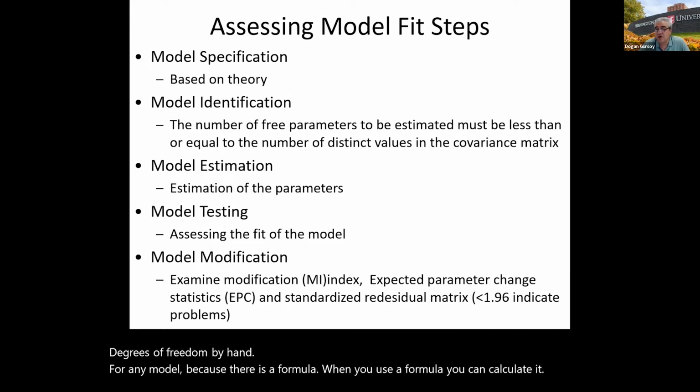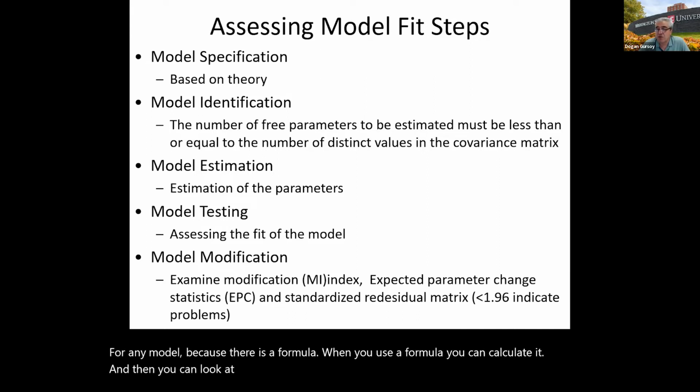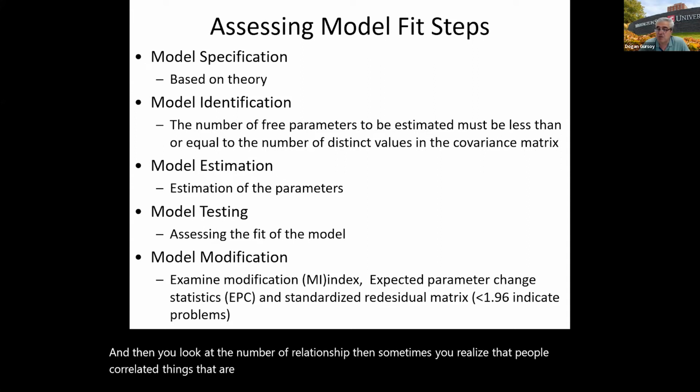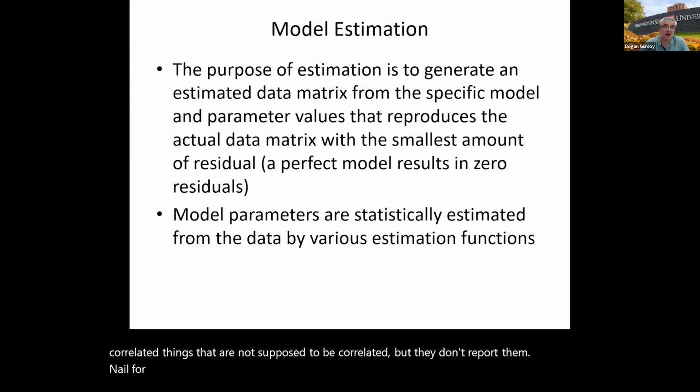Then you can look at the degrees of freedom reported in the paper, and then you look at the number of relationships. Sometimes you realize that people correlated things that are not supposed to be correlated, but they don't report them. And for some reason, people like to hide.